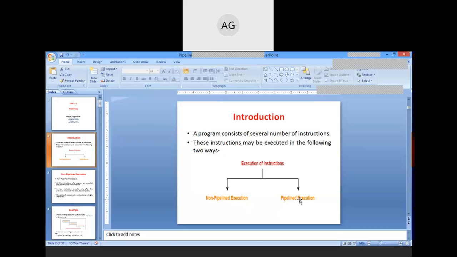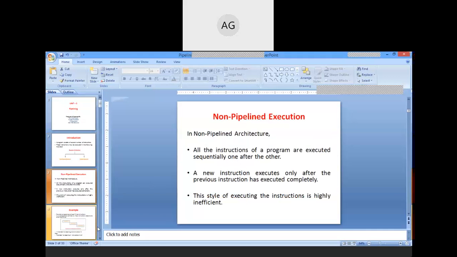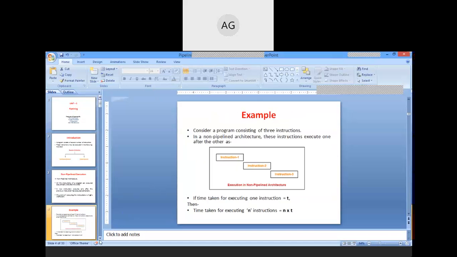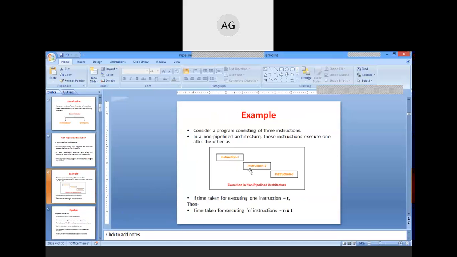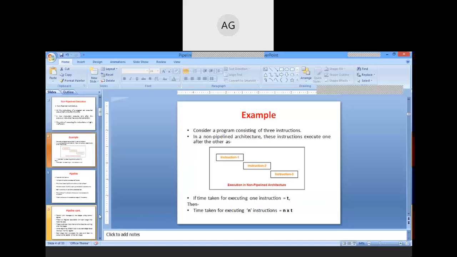Before we study the pipeline execution, we must understand the non-pipelined execution. We already discussed what non-pipelined execution is, and its execution time is more than that of the pipelined execution. So we need pipeline execution in order to execute the instructions more efficiently in the computer.